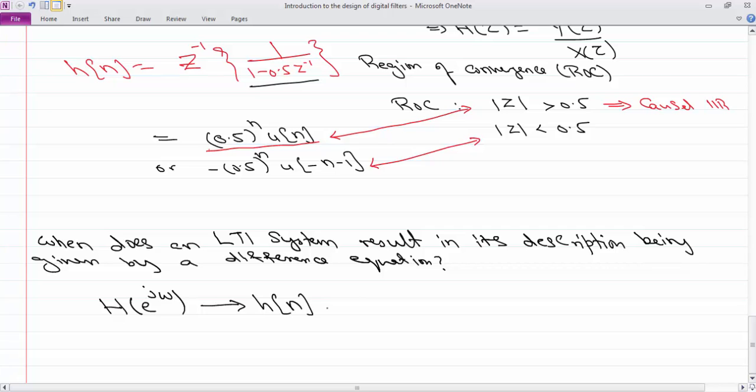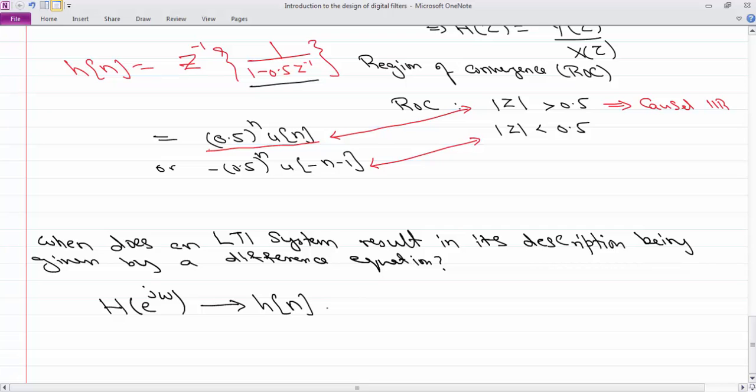How do you know whether this system, and you compute h[n], and in almost all the cases, this h[n] will be an infinite impulse response system. How do you know that this system can be implemented in a digital system? Well, you have to verify that it can be expressed as a difference equation, a constant coefficient difference equation. So how do you verify that?